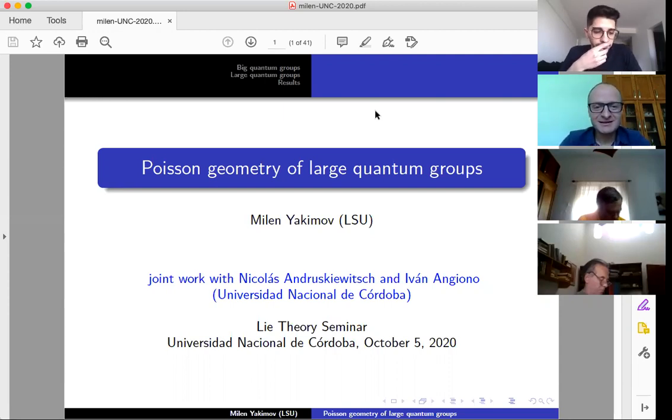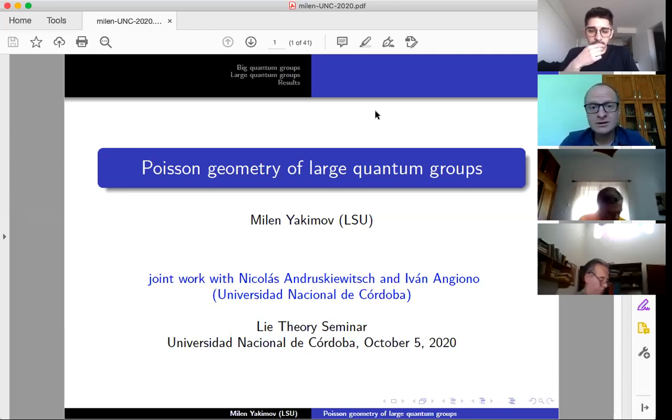And in this talk, I want to describe some work that we did with Nicolás and Iván, where we managed to construct a bridge between the theory of Hopf algebras on one side and on the other side, Lie theory like Lie groups and Poisson geometry on Lie groups. And the goal of this work is to find a Lie theoretic or Poisson geometric method for studying the irreducible representations of Hopf algebras.